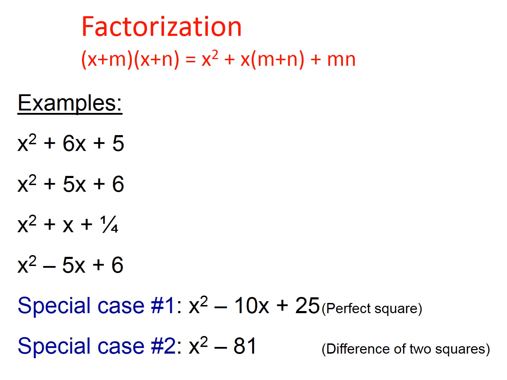Minus 5 and minus 5. Both of the numbers are exactly the same, so this would become x minus 5 and x minus 5. It's called a perfect square because it's one thing times the exact other thing. So that's why they're called quadratic equations.